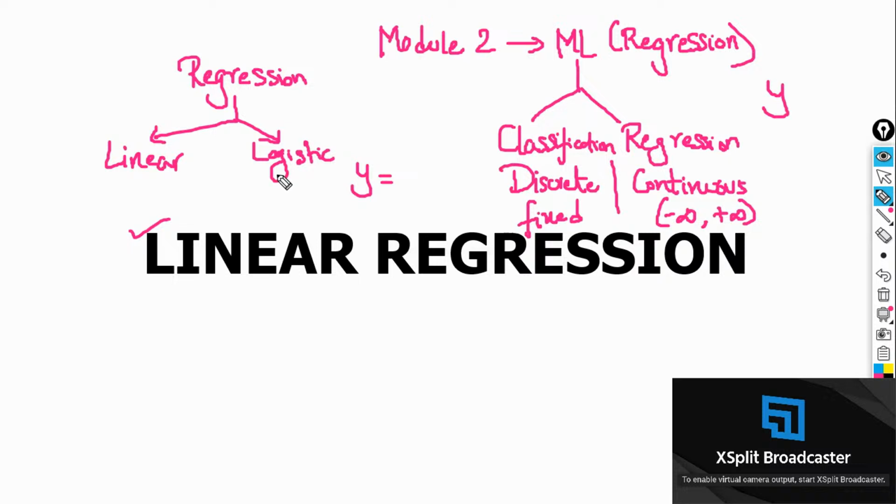Okay, we'll understand linear regression as well as logistic regression, and we'll also come up with a project use case. I hope it's making sense. So this is the agenda for this week with respect to module 2. Even in linear regression, initially, we'll understand what is linear regression and what are the different types of linear regression we have. Okay, so what is the method, what is the technique that is used in linear regression.